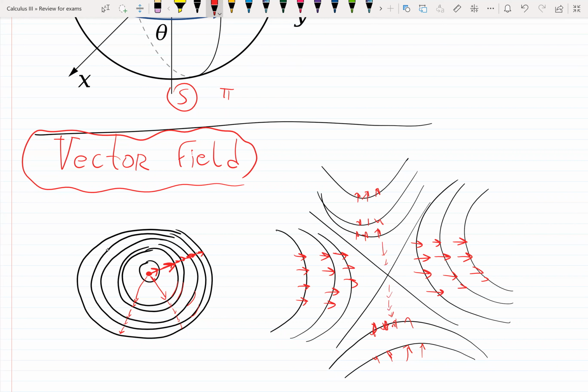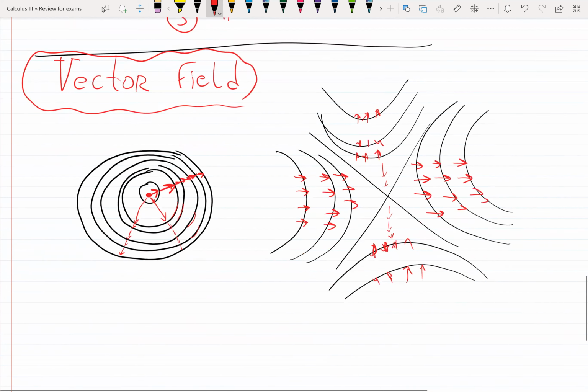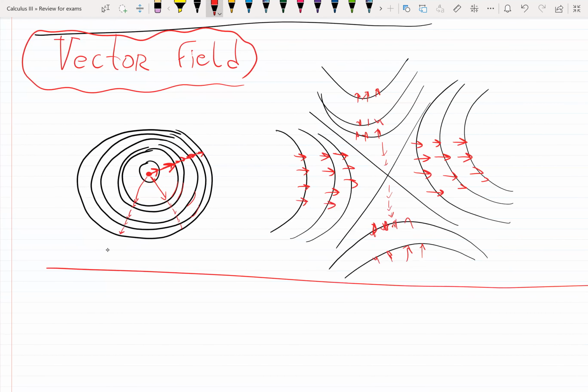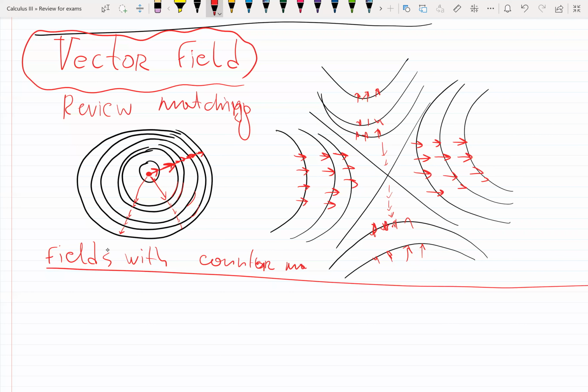That's how you can match. Try to seek for perpendicularity. So these types of graphs, review that. Review matching fields with contour maps.